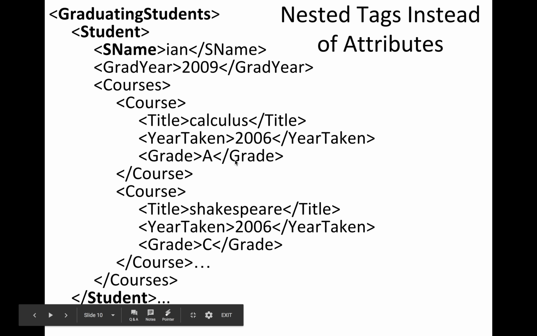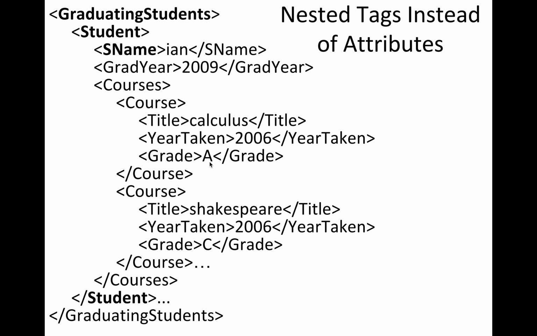But then you might run into the issue of saying, well, what if somebody else took calculus? It's being represented here for Ian, but then it's going to be represented again for Ben. So now you have the same issue, but for the courses. Before it was for the student, and now it's for the courses.